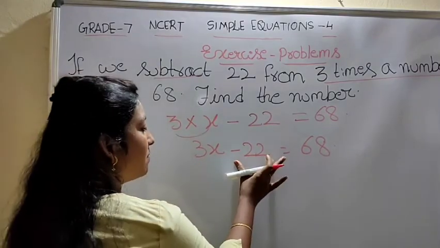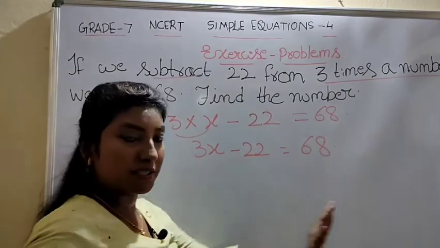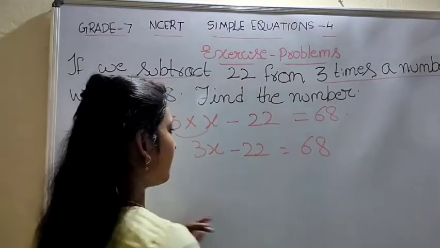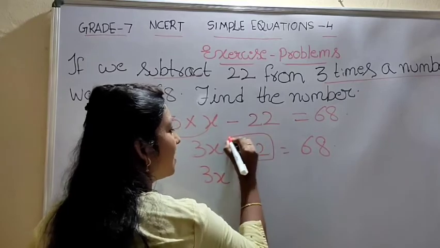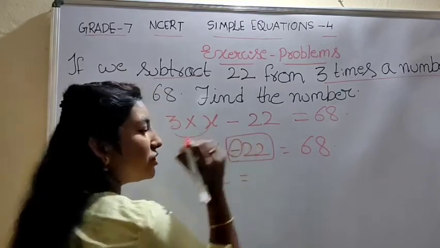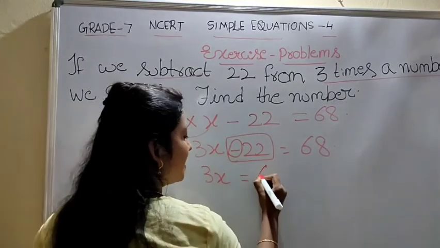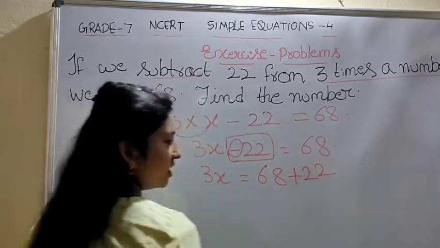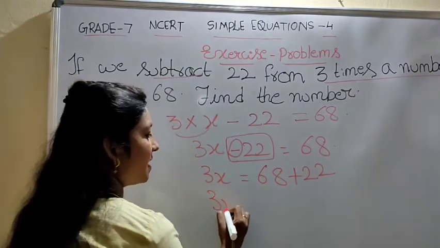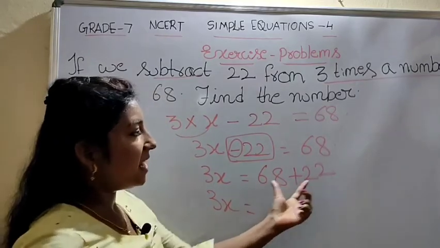Now I am transposing all the constants to the right hand side. So 3x equals, while transposing the sign changes, 68 minus 22 becomes plus 22. So 3x equals 68 plus 22.